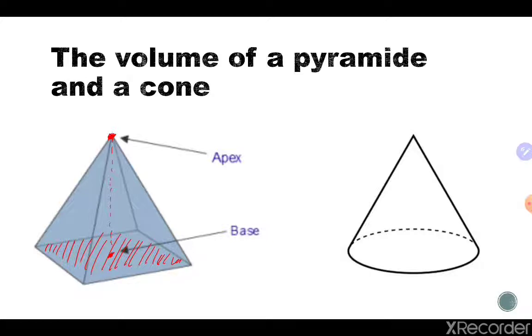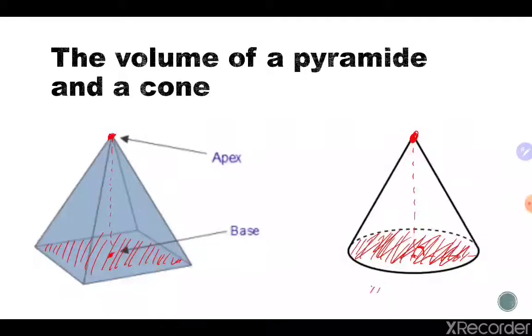If you look on the right side you will find a cone, where the circle of your cone is always your base, and then from your top the perpendicular again to your base. So it has a 90 degrees angle here. That's the height of your cone. So we need to know how to calculate the base of my cone, and that's the circle.